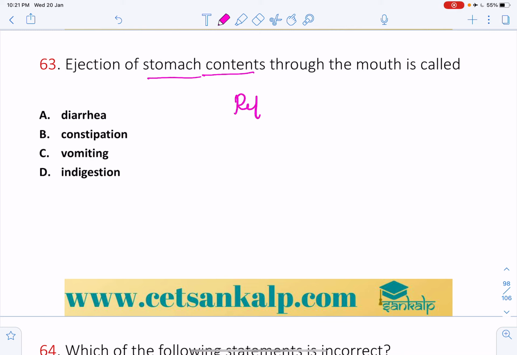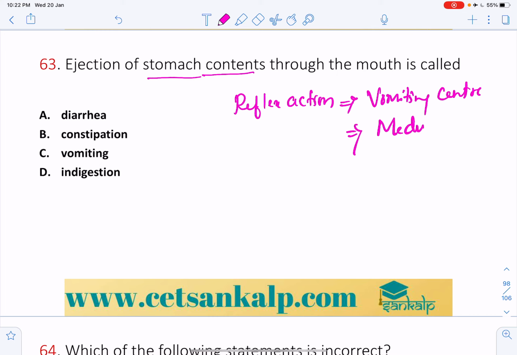As soon as the food enters, a reflex action plays a role, controlled along with the vomiting center. The vomiting center is the medulla oblongata. So the reflex action is controlled by the medulla oblongata.